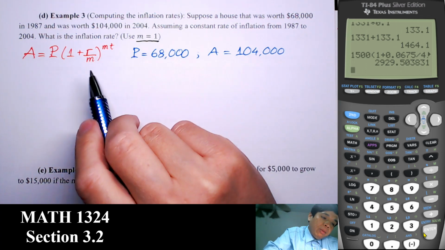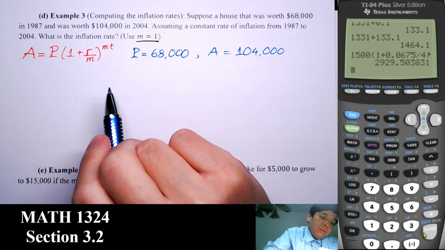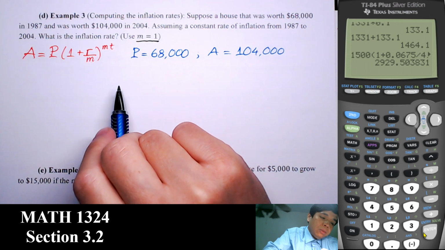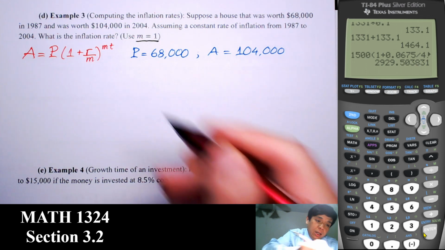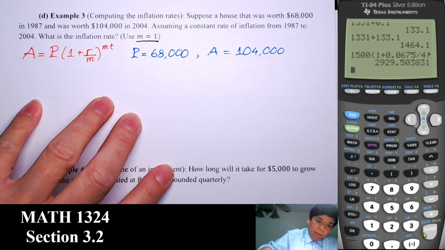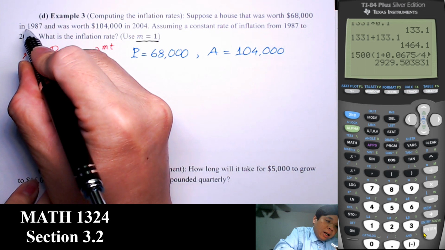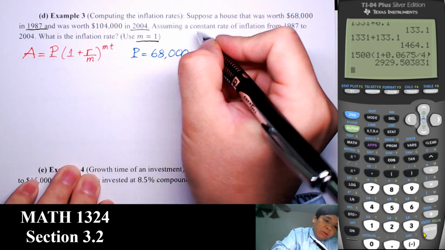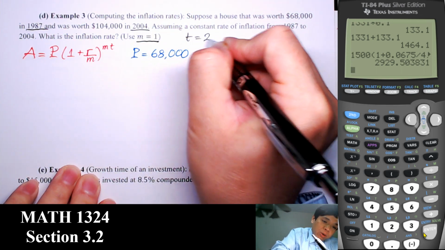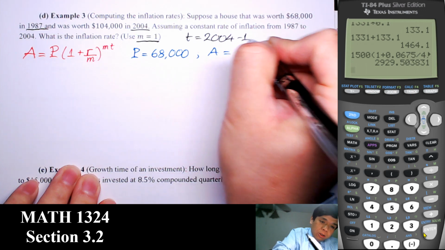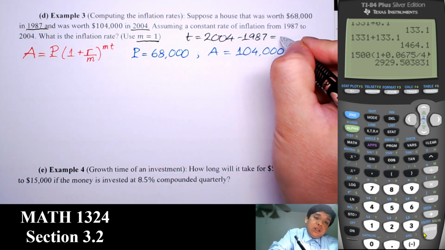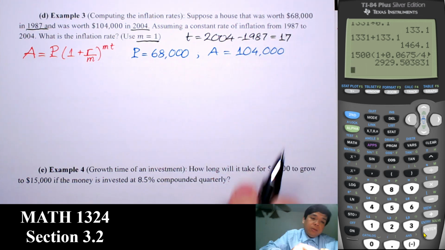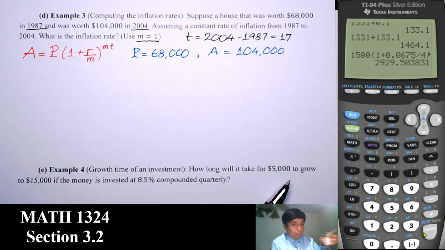And we have M. We don't know R. But we know T, right? T is from 1987 to 2004, so T is the difference in those years. So that's 17 years.